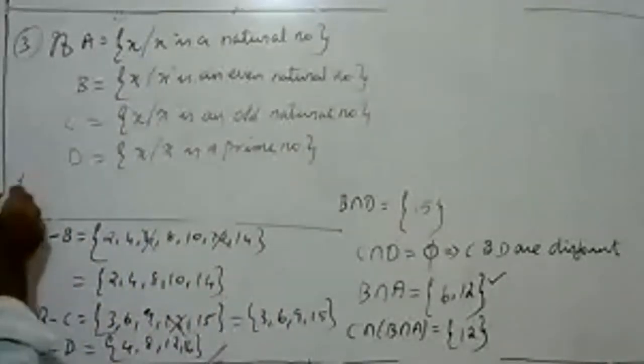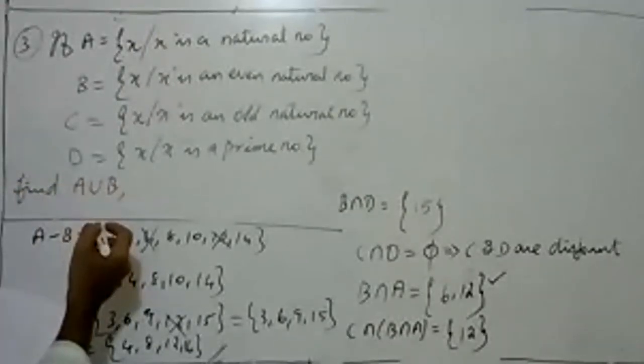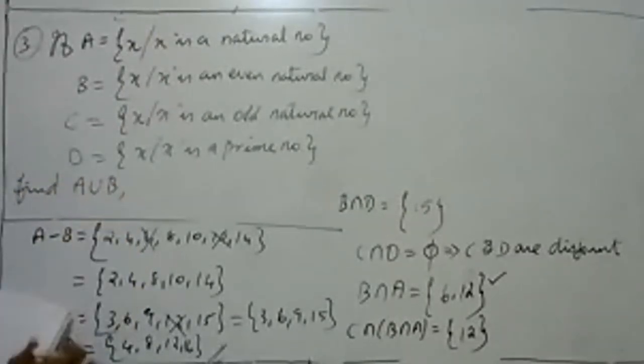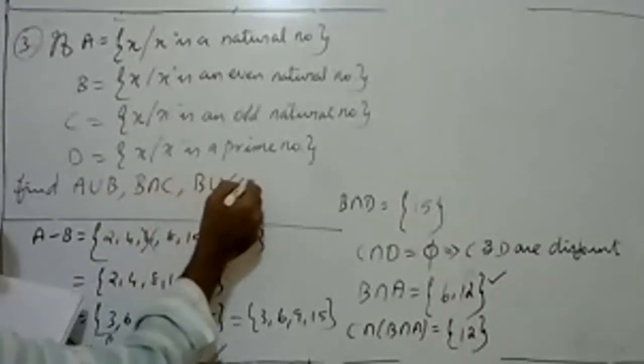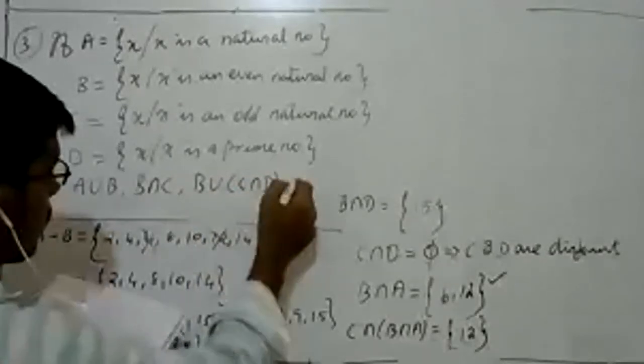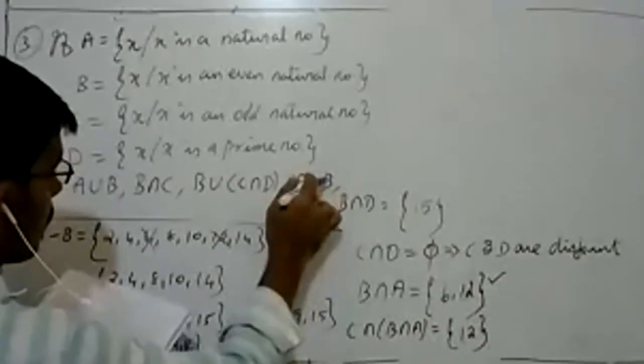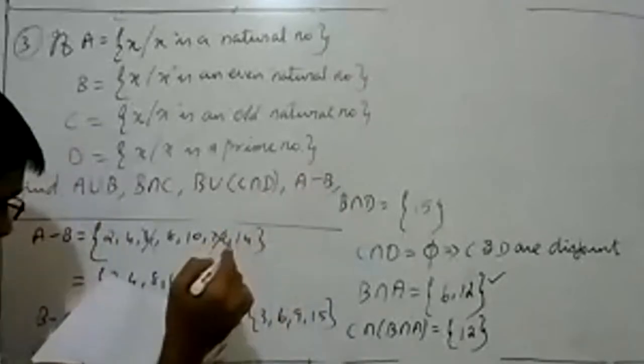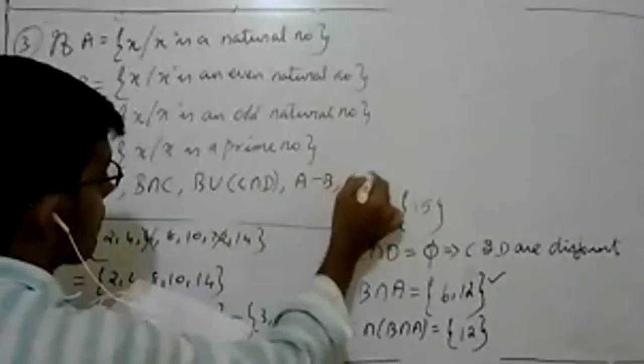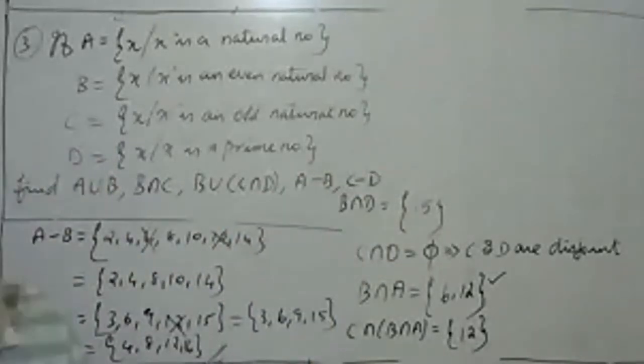Then find A union B, B intersection C, B union C intersection D, A minus B, C minus D. We have to find out everything.